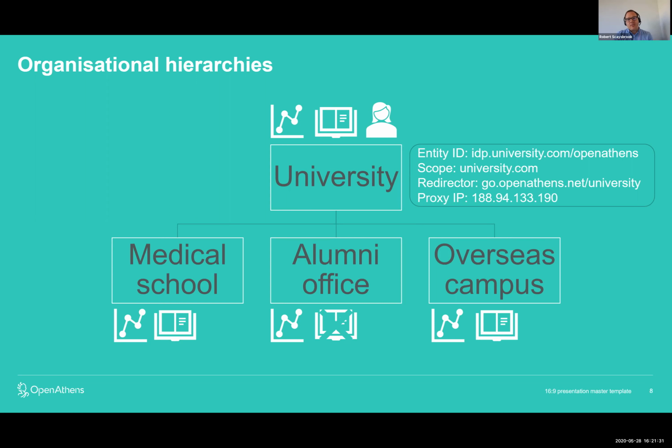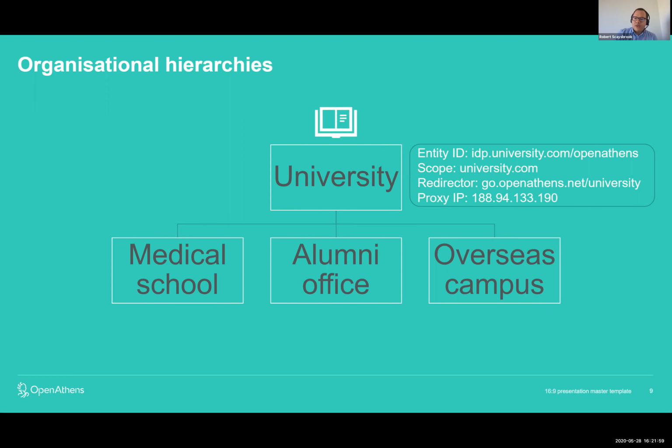So, in this example right now, we have a university, they have an OpenAthens administrator, and she can look after everything that's within that group. But it might be that she wants to devolve responsibility to somebody who sits locally within those different organizations, and that's possible with this type of hierarchy setup. So that's essentially scenario one. That's a typical hierarchy in an OpenAthens sense.